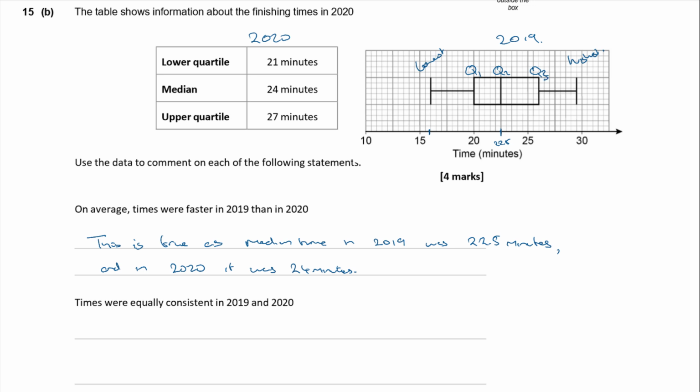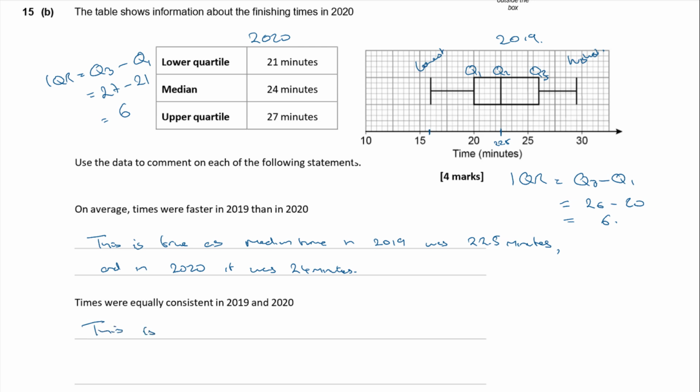So for 2019, interquartile range is Q3 minus Q1. That's going to give me an interquartile range of, what's that? It's 26 minus 20 has an interquartile range of 6. And then for 2020, interquartile range is the upper quartile, Q3 minus Q1 again. The upper quartile is 27 minutes. And the lower quartile is 21 minutes, giving you 6. So yeah, that's true as well.